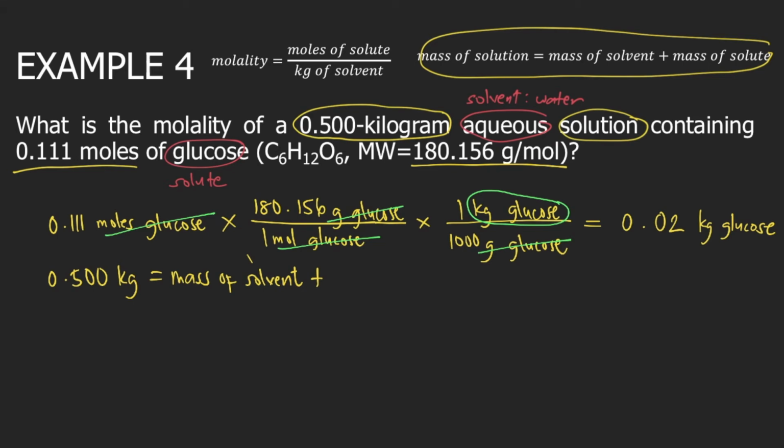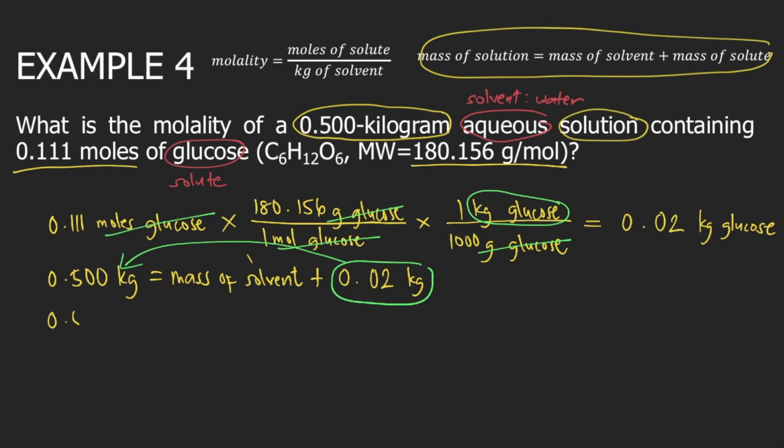So you put that in the equation plus 0.02 kilograms. To solve for the mass of solvent, you will transfer 0.02 to the other side, and it becomes negative.